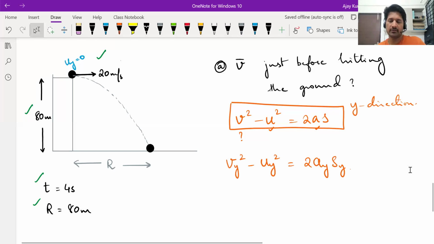Substitute the values and derive the y component of velocity, all of you. Tell me what answer you get.